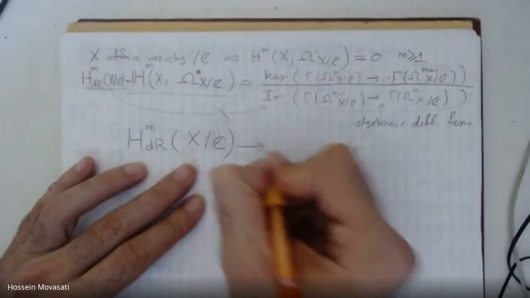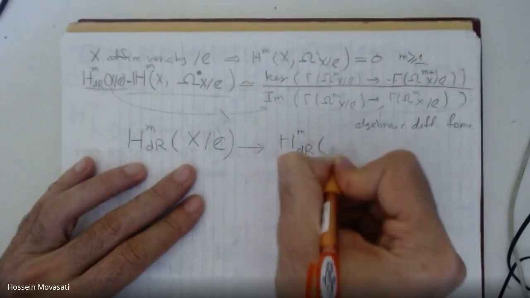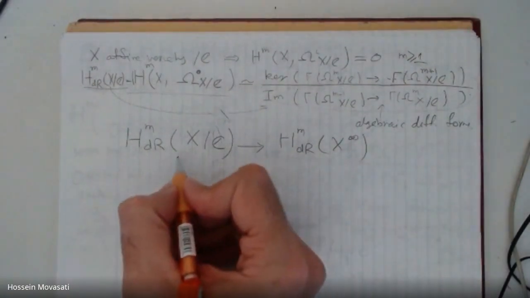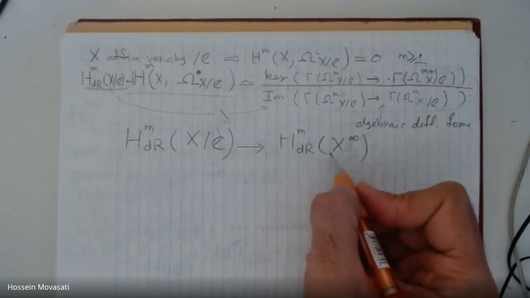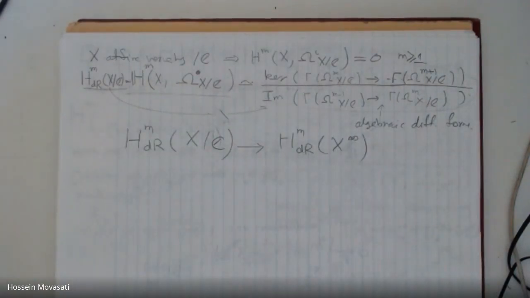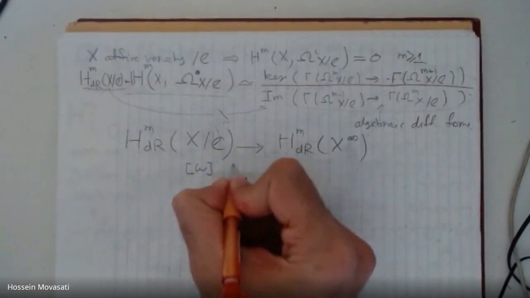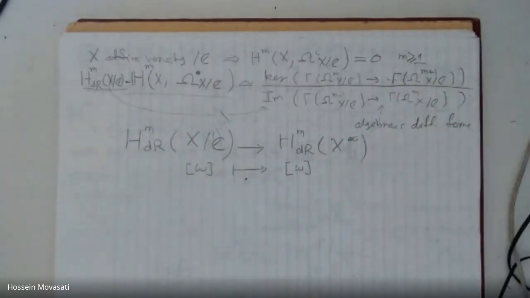Then we have a canonical inclusion to the C-infinity de Rham cohomology, because any algebraic closed m-form is also a C-infinity m-form, because polynomials are already C-infinity functions. So we have this map, which is just taking the representative and putting the representative there.